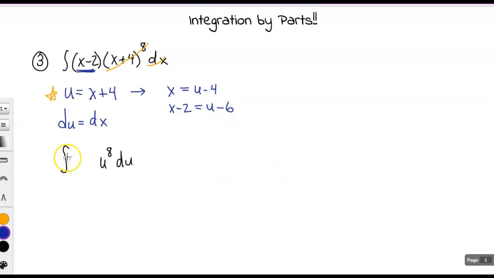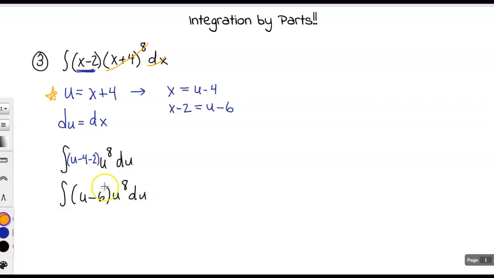If that's confusing, just write x is u minus 4 in the parentheses, and there was still a minus 2. I'm rewriting x in terms of u. x is u minus 4 because u is x plus 4. So if I put in u minus 4 for x, I still have to subtract that 2. If I clean this up, I end up with u minus 6 times u to the 8th du.